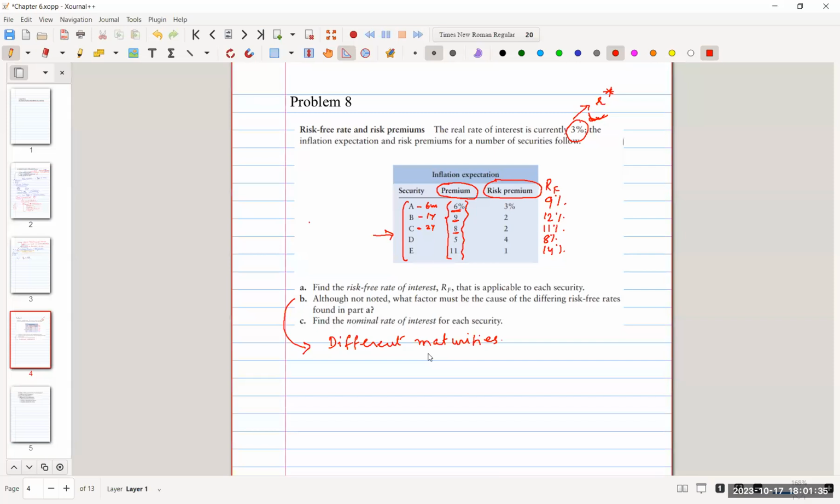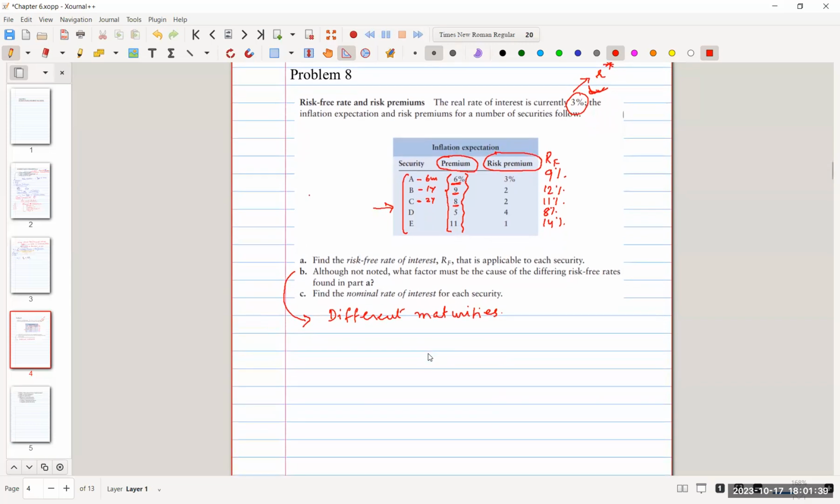Then part C is about finding the nominal interest rate for each security. If we open another column here, your authors chose to write the nominal rate of interest as R1. So what is R1 equal to? Nominal rate is actually the real rate. Let's rewrite it here. R1 is equal to your real rate, which is 3%, plus what do we need?